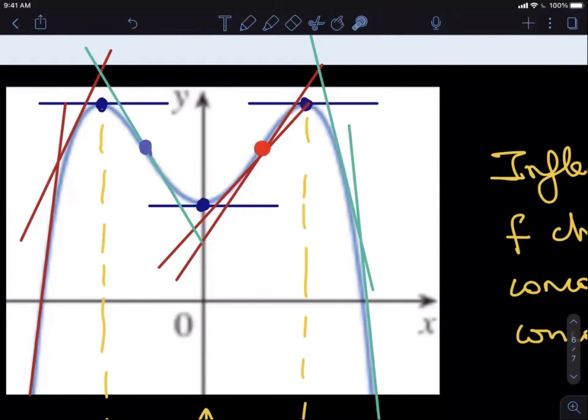So that point of the steepest slope is the inflection point. Same thing happens, it can be the negative steepest slope. So in this case we go from horizontal more and more negative until we reach the steepest, and then we slow down again to 0.